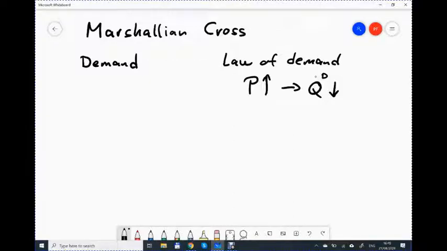Even though this is referred to as a law, do not think that this is some kind of natural law carved in stone. But usually, in most cases, whenever a certain good is going to give you a certain amount of utility, then you are going to have this type of relationship, that is, the higher the price, the lower the amount of goods demanded.